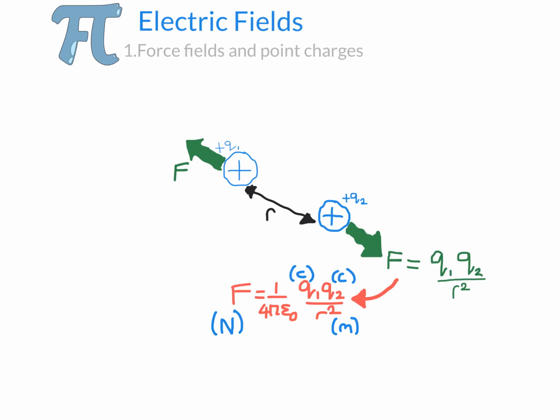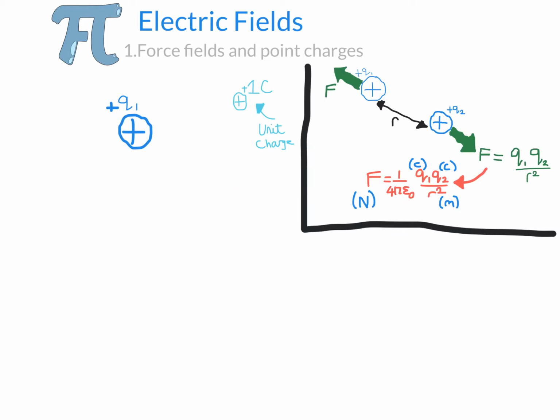Let's now swap this arbitrary charge for a positive charge of 1 coulomb, which we will call a positive unit charge. This idea of a positive unit charge will be used a lot. We know that if placed at any point in the surrounding space, this unit charge will feel a force, which using this equation, we know will have magnitude equal to 1 over 4 pi epsilon naught Q1 times 1 over r squared.